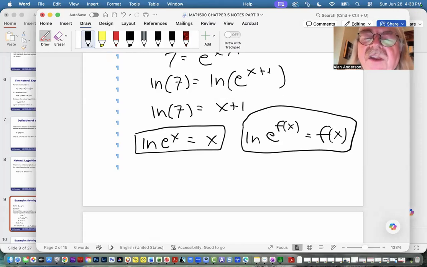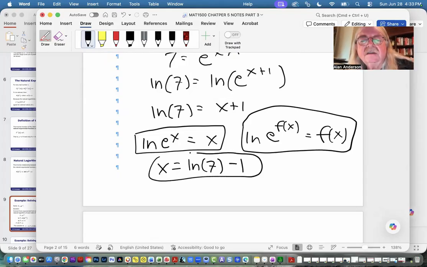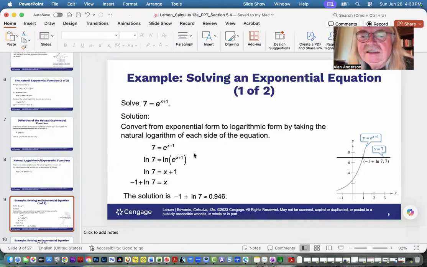So the log of e to the x plus 1 reduces very simply to x plus 1. And so I can subtract 1 from both sides, and whatever number that is, is my answer. All right. And it says here, we could check that out in the calculators if we want, approximately 0.946.